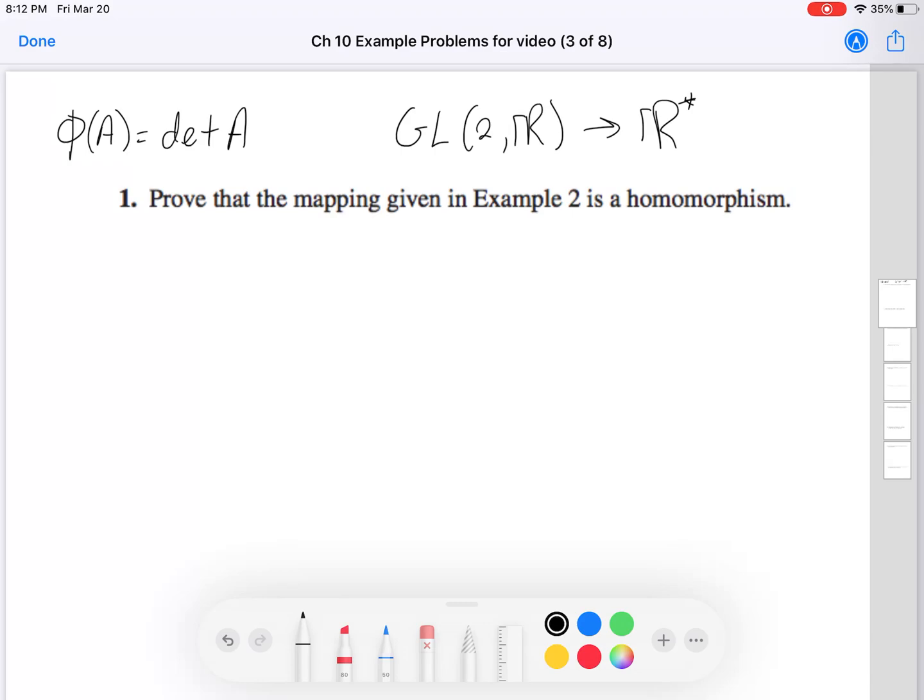So if we're trying to show that this mapping is a homomorphism, we need to show that this is operation preserving.